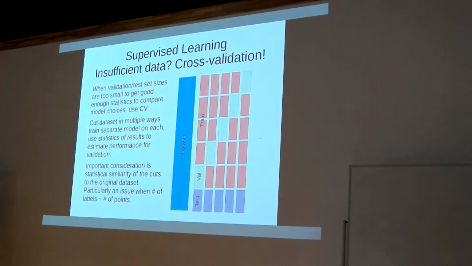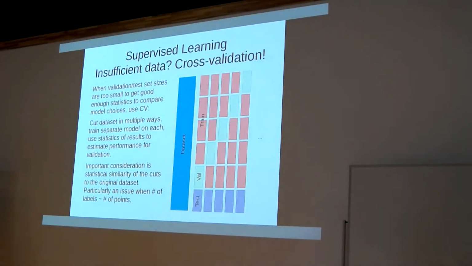One of the caveats of this is, as you change the number of cross-validation cuts, you might think, okay, more cuts, I get better statistics. But when the number of cuts is very large, each of those validation sets has very few points.